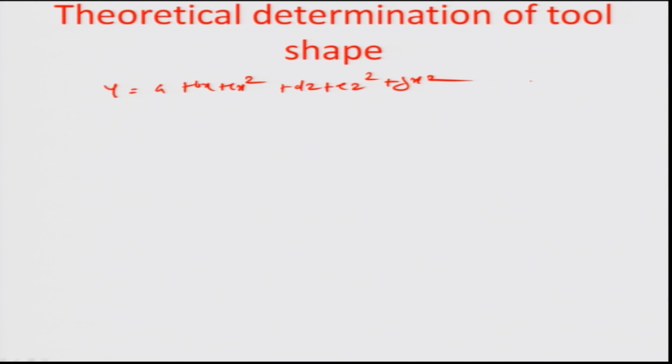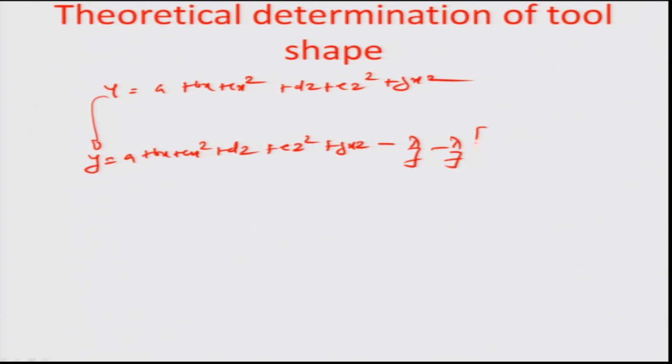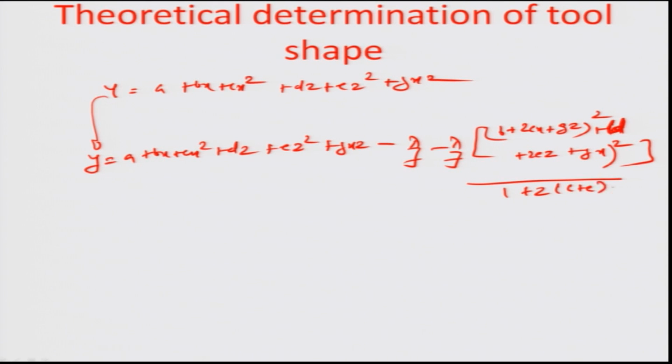In that event the final formulation of the transformation into the tool side would have y equal to a plus bx plus cx square plus dz plus ez square plus gxz minus lambda by f times of (b plus 2cx plus gz) times (d plus 2ez plus gx) whole square divided by 1 plus z times of (c plus e) times of lambda by f.